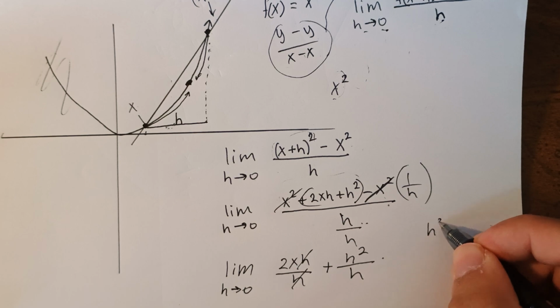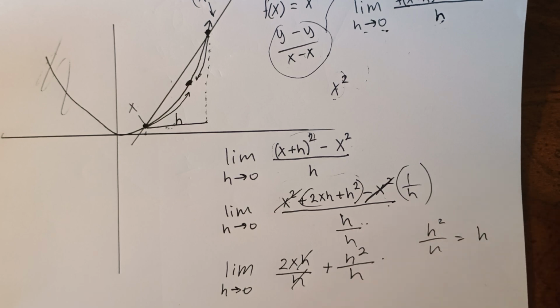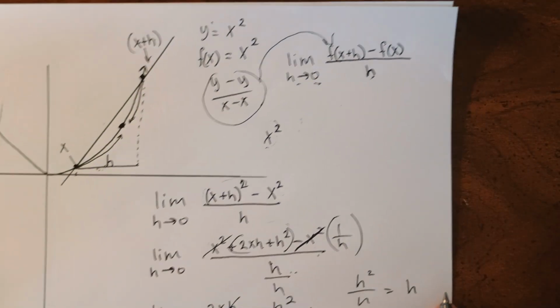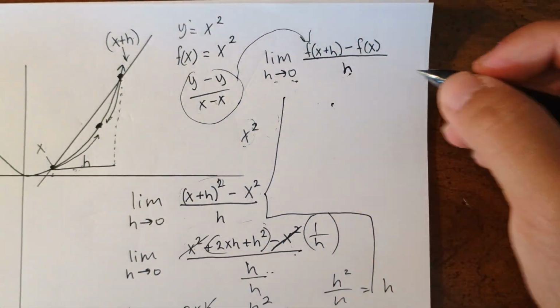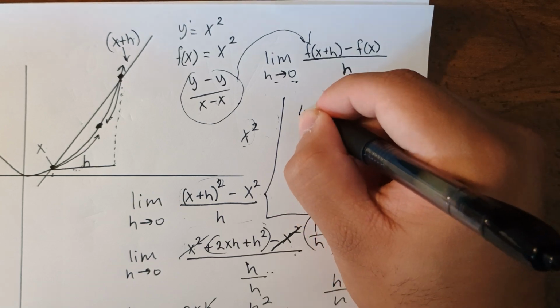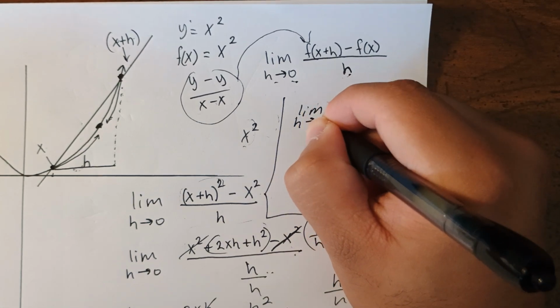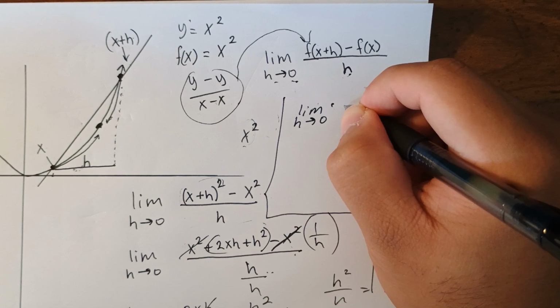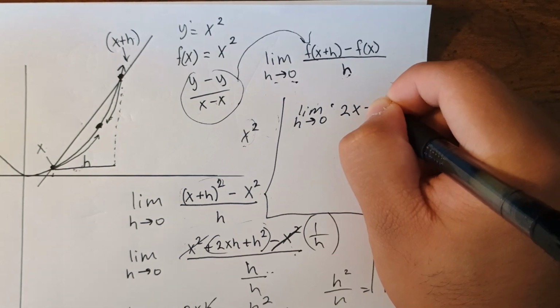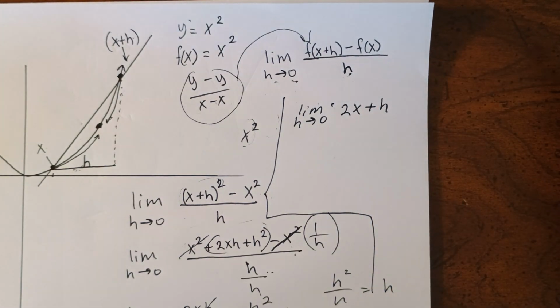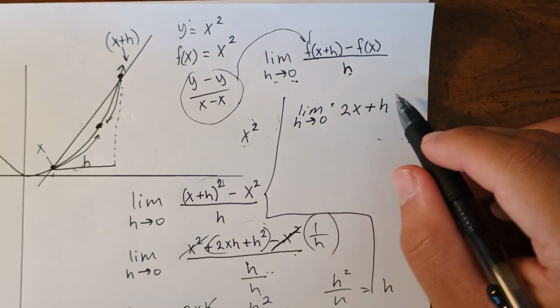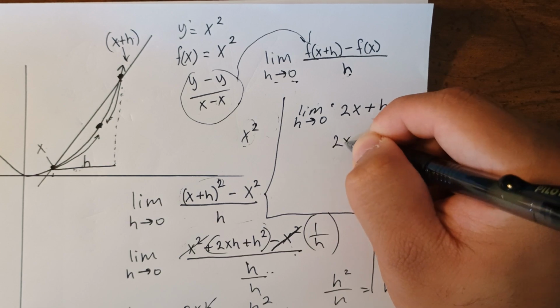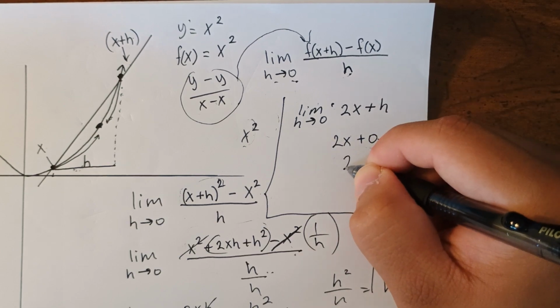This is just h. And what we're left with, I'm just going to write it over here because we got some space up here, is the limit of h approaching 0 of 2x plus h. And now, because I don't have anything dividing by 0, I could just plug in 0 for h. So it'd be 2x plus 0, which is 2x.